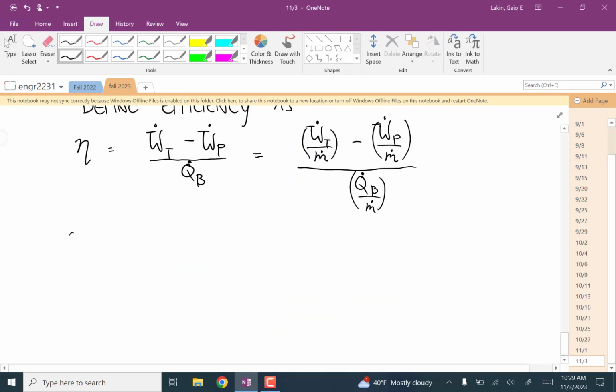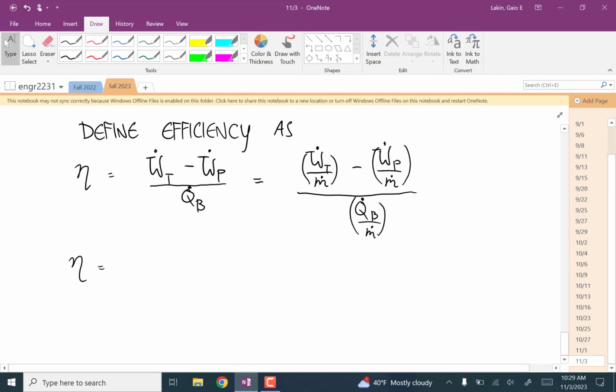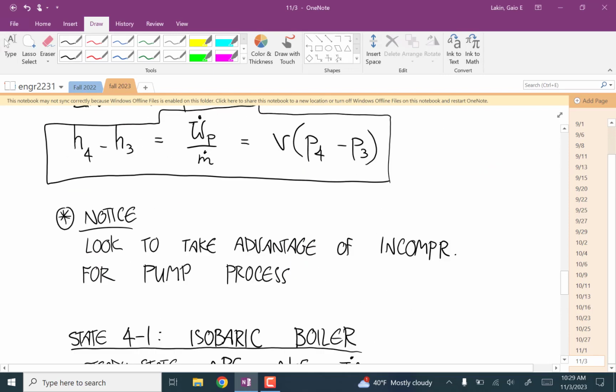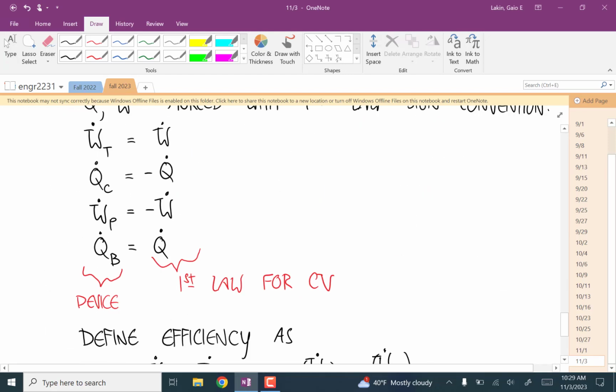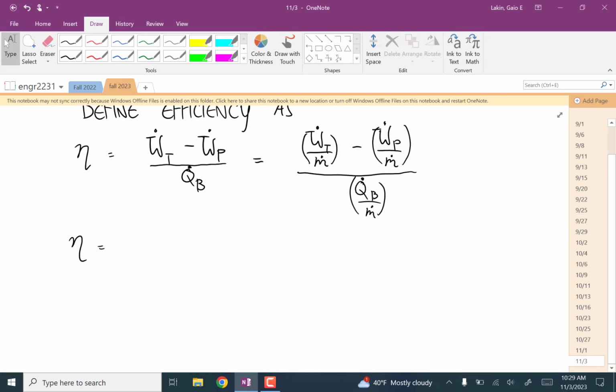So our efficiency is equal to W dot over M dot at the turbine, which is H1 minus H2.